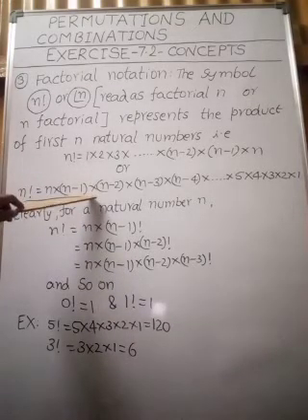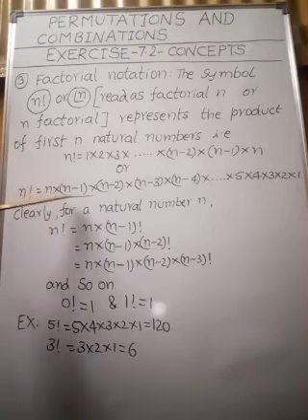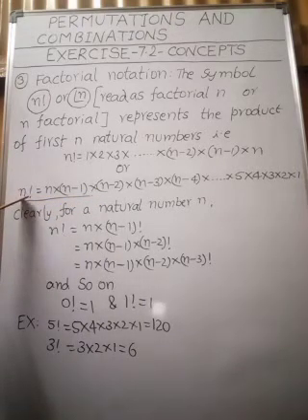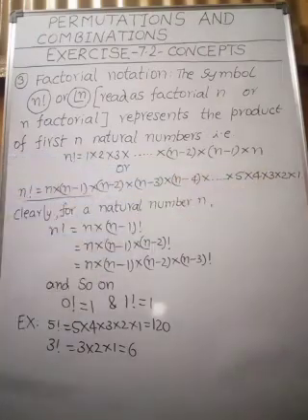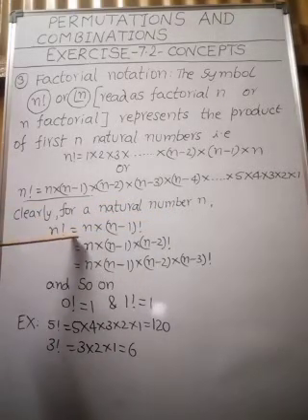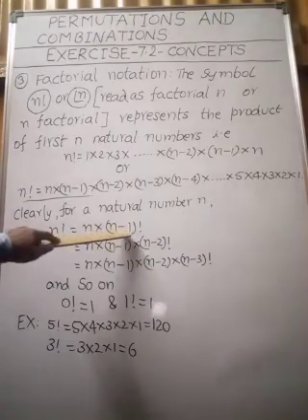Okay, my children, in solving the questions, we take this step. n factorial is equal to, starting from the number n to the number 1, in the descending order, we write the natural numbers and find the product of those n numbers. Understood this point, my children? Clearly, for a natural number n, n factorial is equal to n into (n minus 1) factorial.